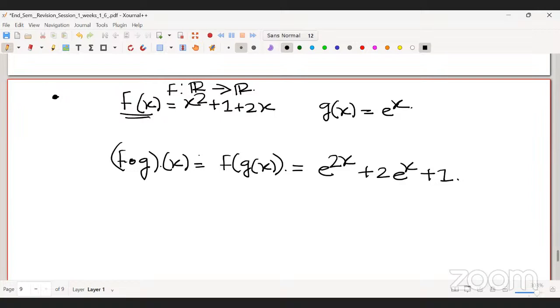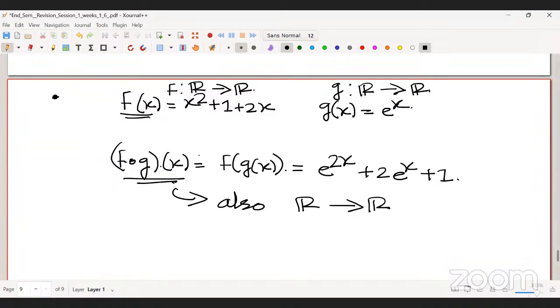Whoever it is, mute yours. g is also a function from R to R, right? Yeah. So that means this composite function is also a function from R to R.